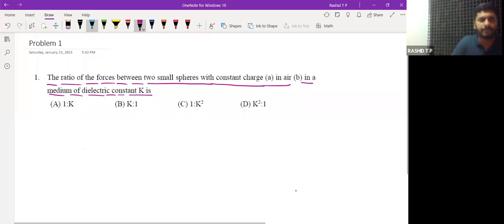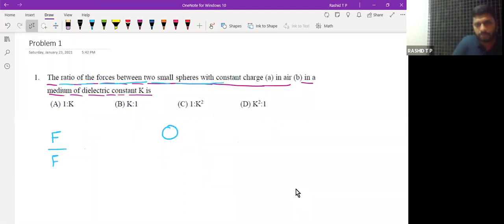I repeat, they're asking about the ratio of forces, F air by F medium, between two small spheres with a constant charge. They have the same amount of charge. I write this as Q and Q. That is, Q1 is equal to Q, Q2 is also equal to Q. And first, they are in the air.